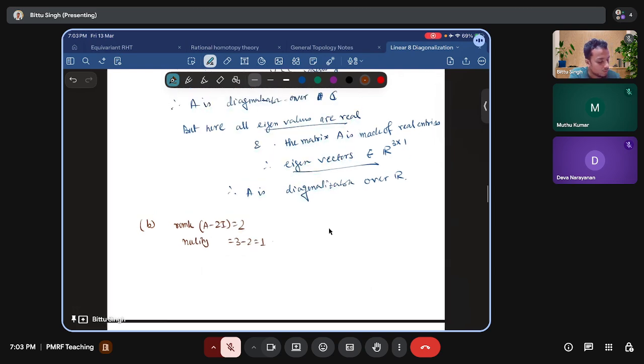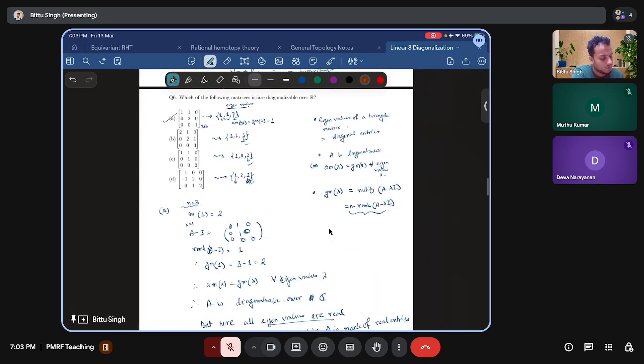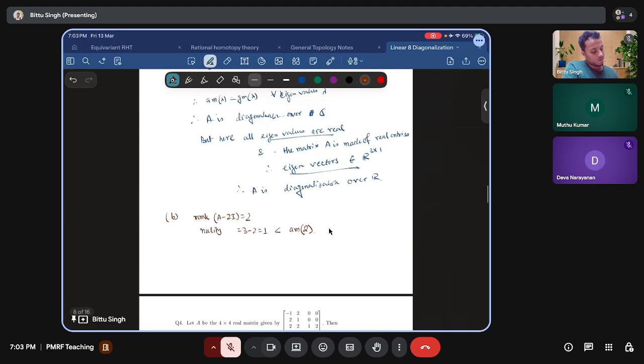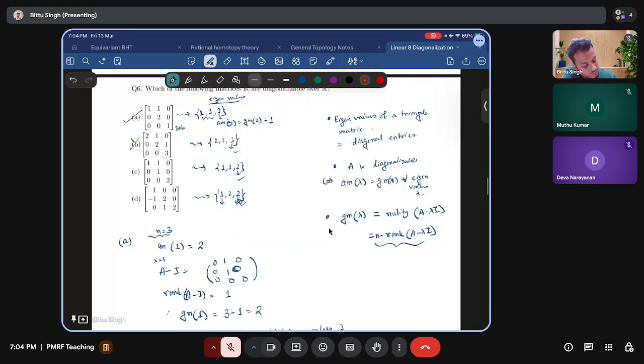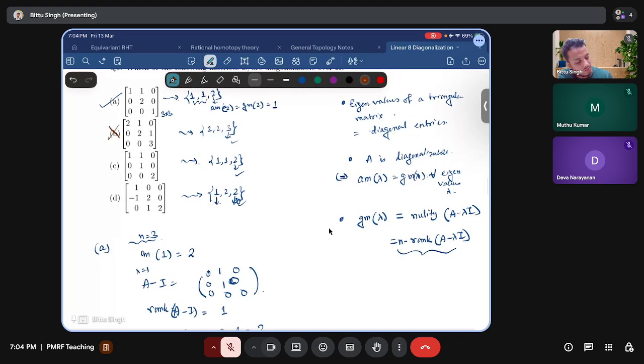So this is strictly less than the algebraic multiplicity, right? Therefore, it is not diagonalizable.